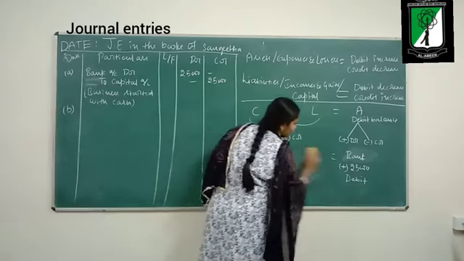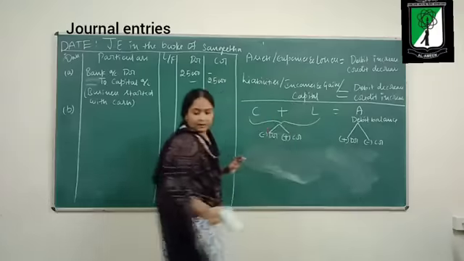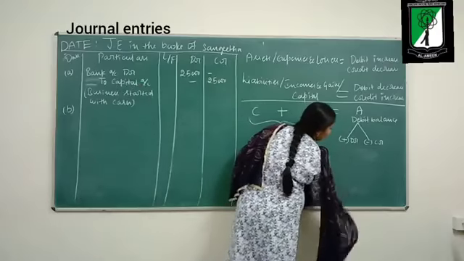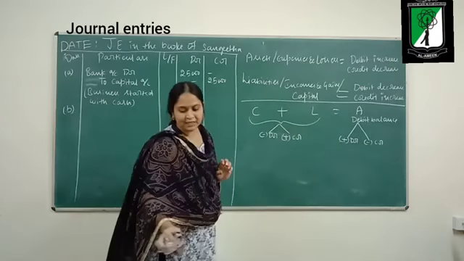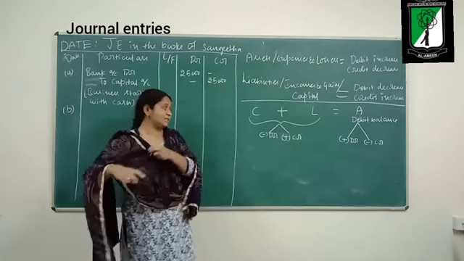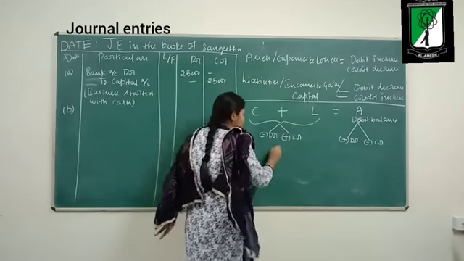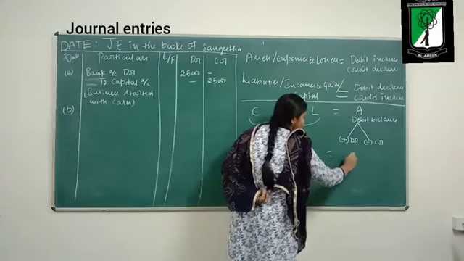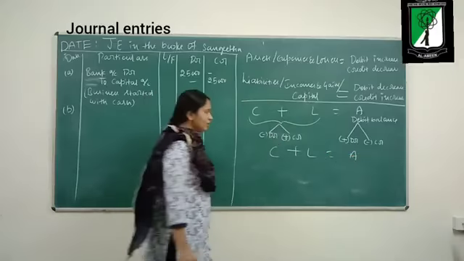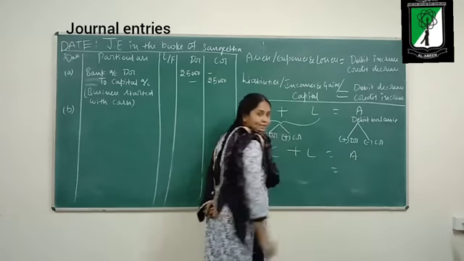Now this is the first transaction. Let me rub the board. Now moving on to the second transaction: purchased goods from Neeru for rupees 13,000. Capital plus liabilities is equal to assets. Business is purchasing goods. So goods are assets.